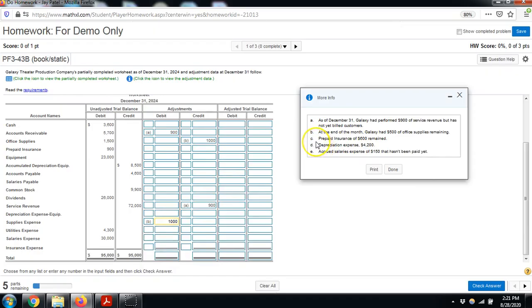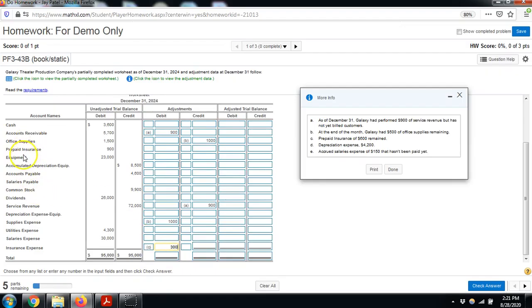So letter C, prepaid insurance of $600 remaining. This is going to be a similar concept. We had $900 to start with in our unadjusted trial balance. We have $600 left, so we used up 900 minus 600, which is 300. So we have our insurance expense here. It's going to be a debit of 300, since we're adding insurance expense of 300.